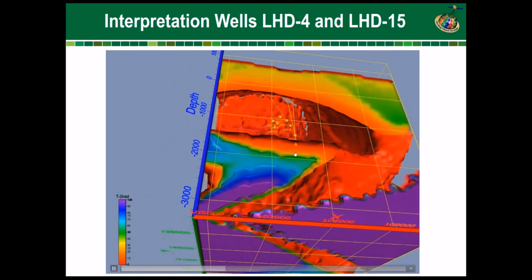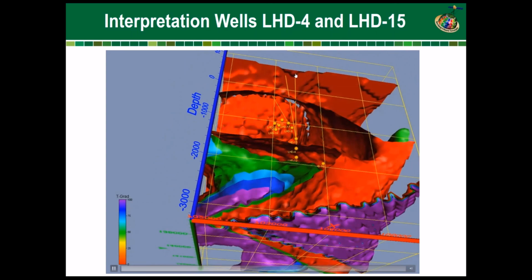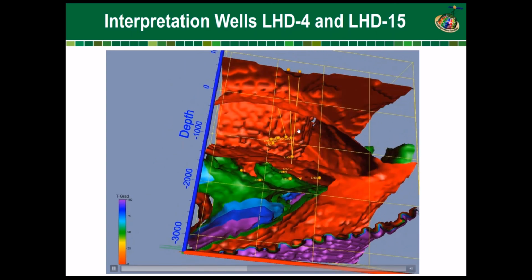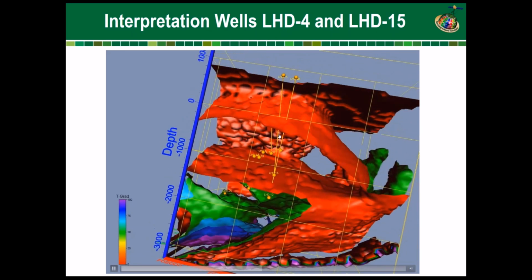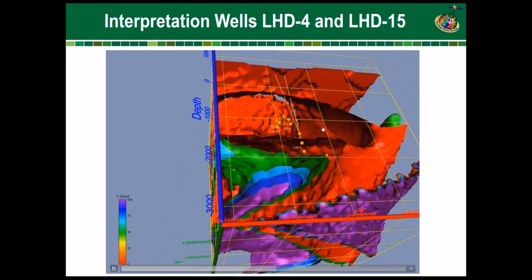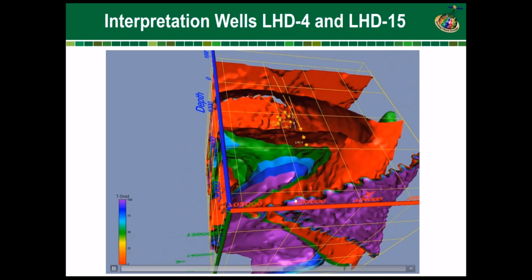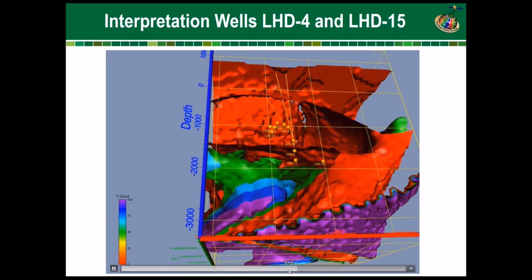LHD4 is a straight hole, and its bottom hole location is right here. So both of these penetrate this convective zone, as you can see right here. And of course, because they penetrate a convective zone, it is our belief these wells may be productive.